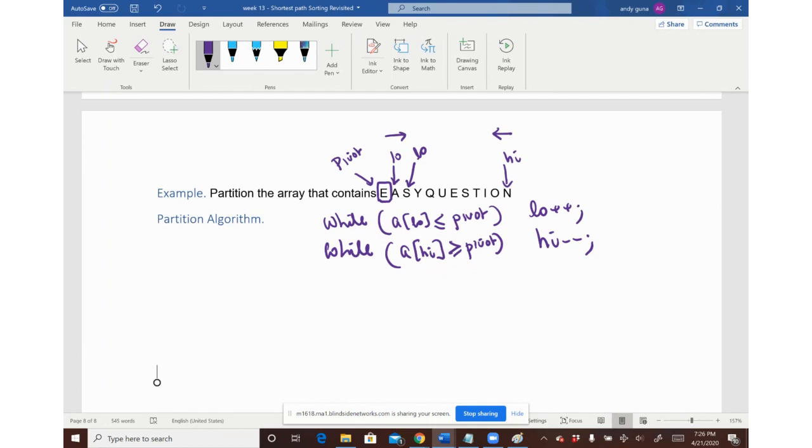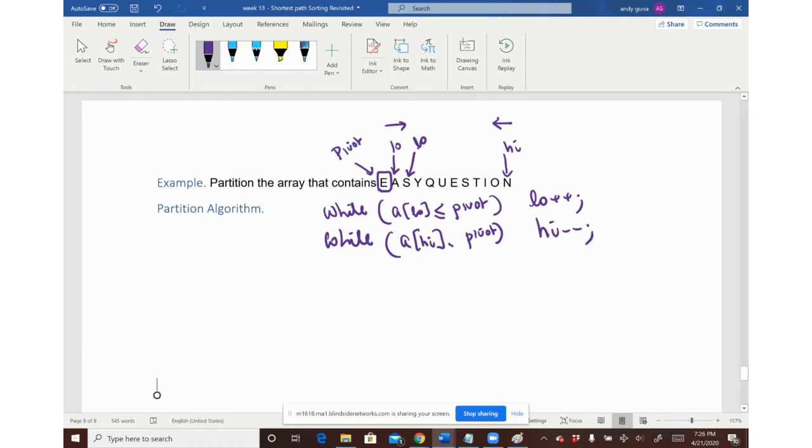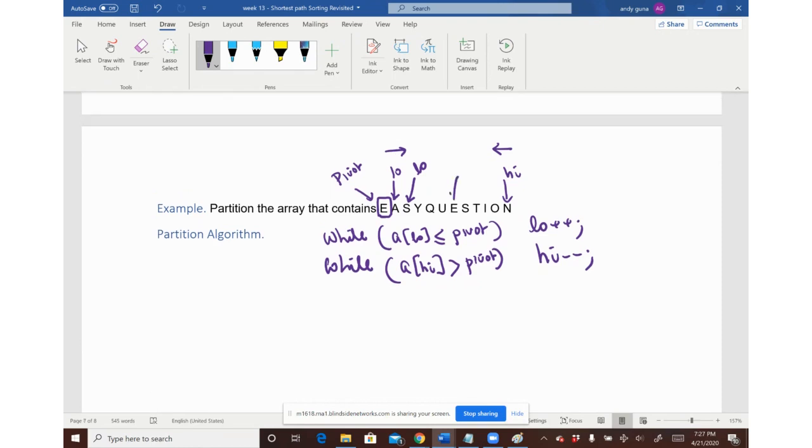All right. Let me just change it a little bit here, just to make it a little interesting. Let's write that to be strictly greater than. Where will it stop? Yeah, so in that case, it's going to stop here, at E. And when that happens, what we're going to do is the following.